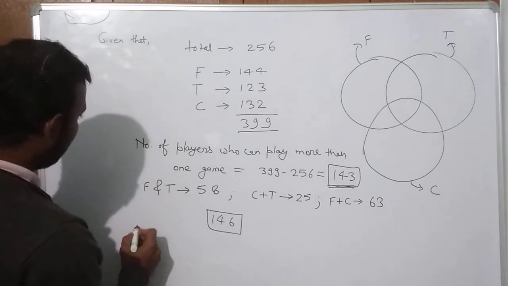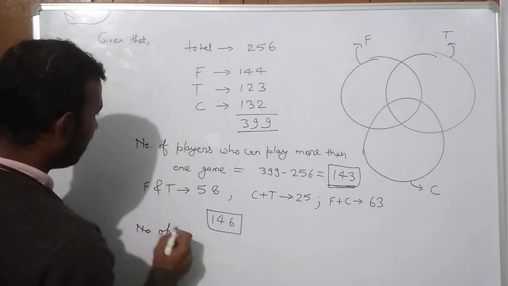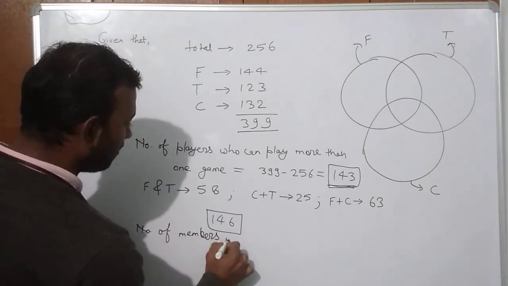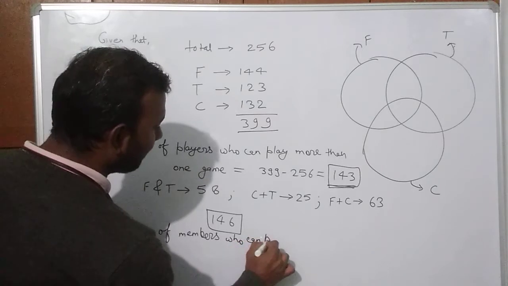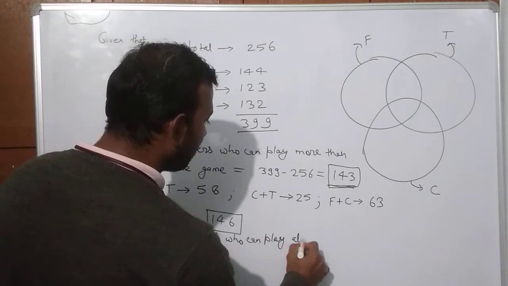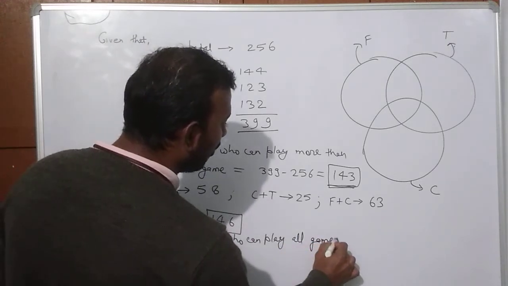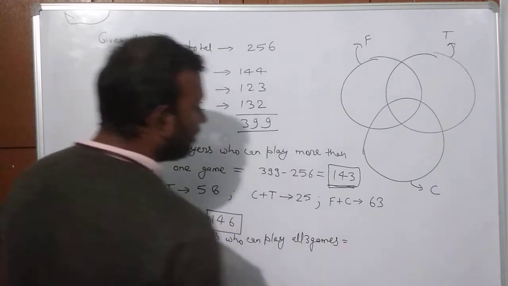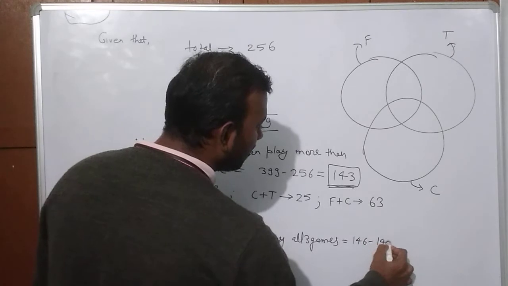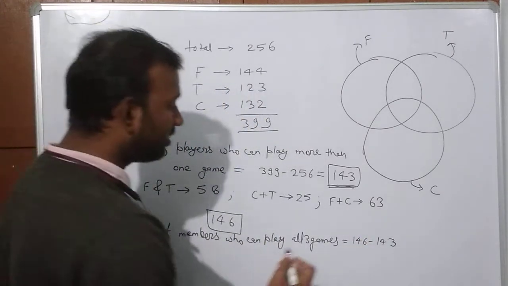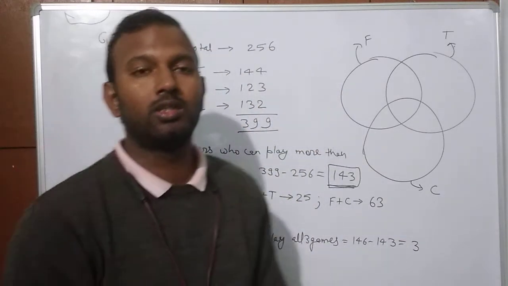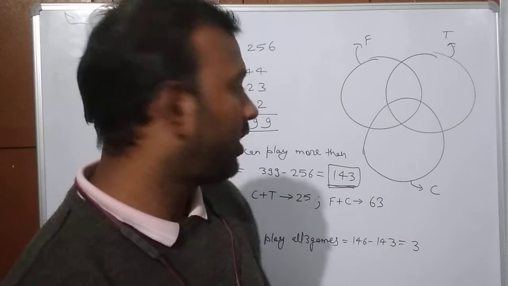So the number of members who can play all 3 games is 146 minus 143, and how much is this? There will be 3. So 3 is the number of members who can play all 3 games.